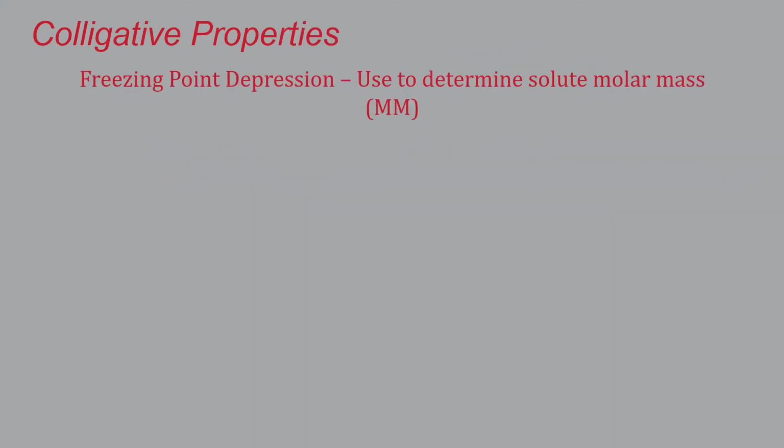Now, one of the interesting uses of this freezing point depression is back in the old days, and sometimes still now, this is actually a way to determine the molar mass of the solute. So recall from the definition, molality is defined as the moles of solute divided by the mass of the solvent in kilograms.